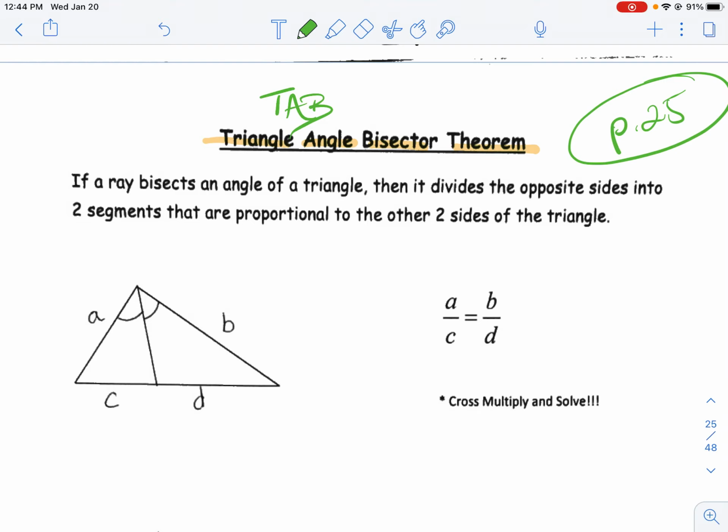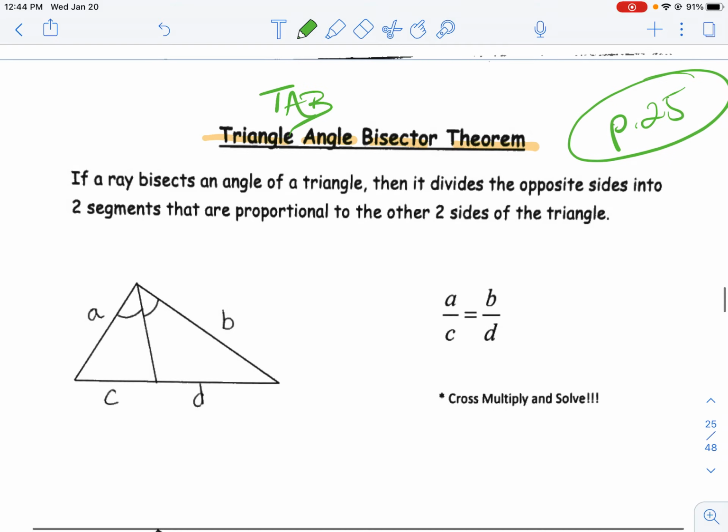This is a really straightforward theorem, which basically says that if we have a ray in a triangle, it is going to cut this side here into sides that are proportional.